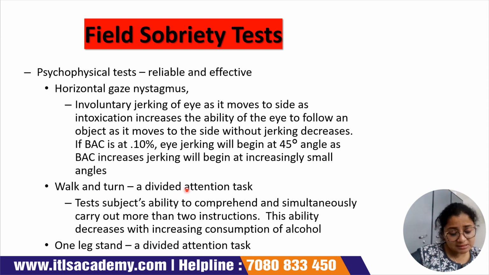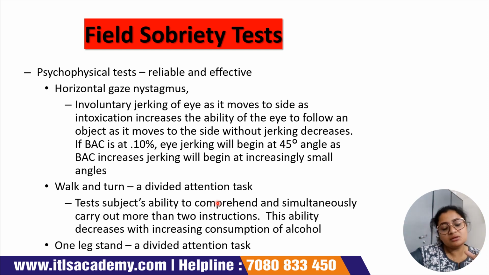The next test that we can do is the walk and turn test. It is basically a divided attention task, meaning whether the person is actually able to give undivided attention to a particular task. Because alcohol, as I mentioned when I talked about the different physiological or pathological effects of alcohol on the body, mainly affects the brain, isn't it?